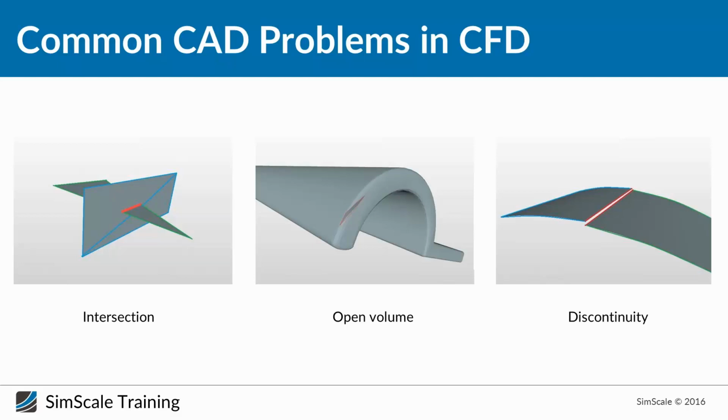So intersection problems are really common in geometries, and you have to make sure to take care of this point. But actually sometimes it can be helpful, especially when you work with snappyHexMesh, and for our platform at SimScale, we are using snappyHexMesh technology. So sometimes it's important to have intersection.